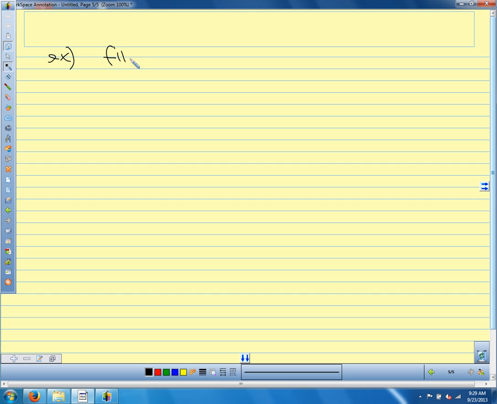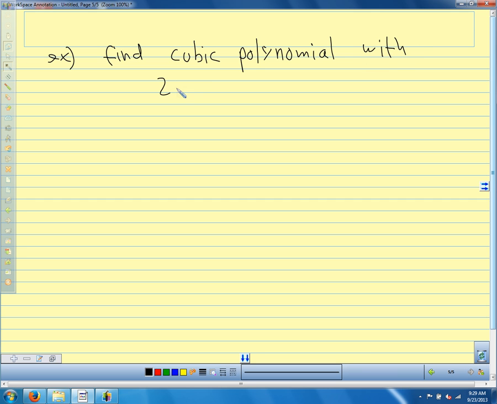We want to find a cubic polynomial with zeros of 3 and 2 minus the square root of 2i, and we want f of 1 equal to 6. So we have an additional thing going on.